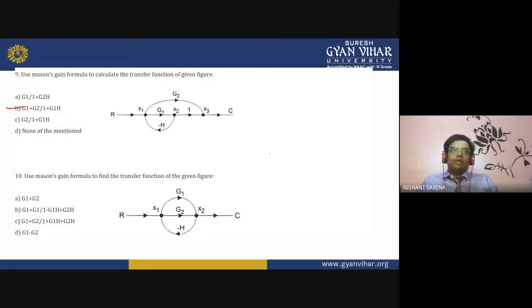Now use the Mason's gain formula to find the transfer function of the given figure.